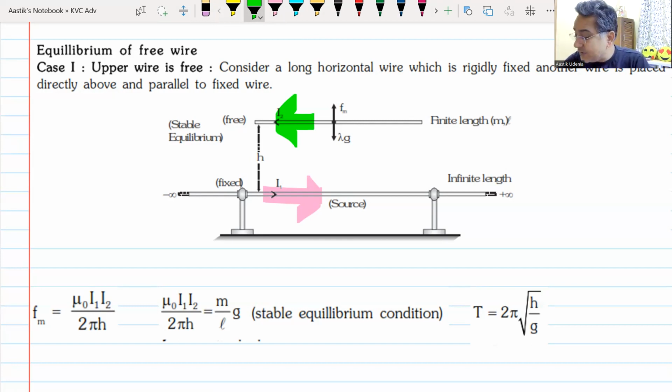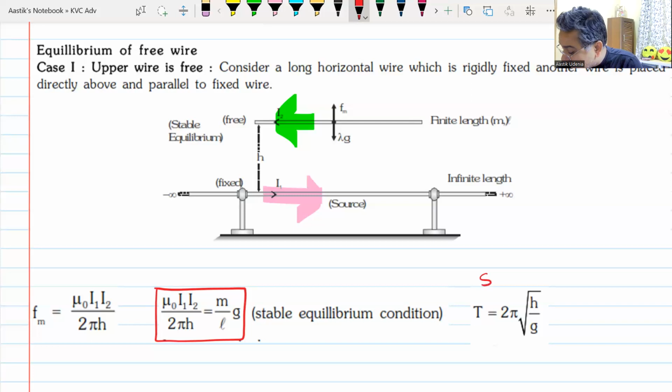If the wire is in equilibrium, then this condition would be met. The force per unit length of the wire will be equal to the mass per unit length multiplied by g. Yes or no? The upper wire can remain in equilibrium. If it is disturbed from this position, it is going to perform SHM, and the time period of SHM would be given by this.